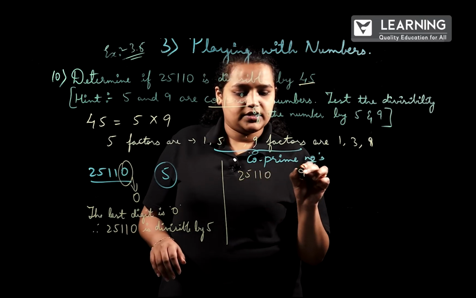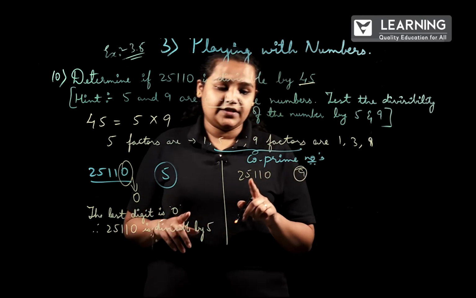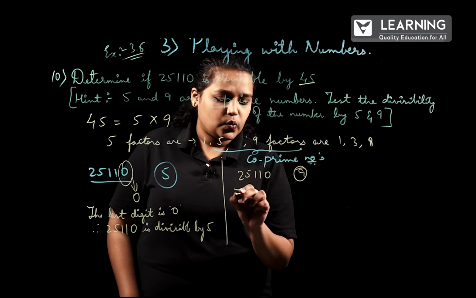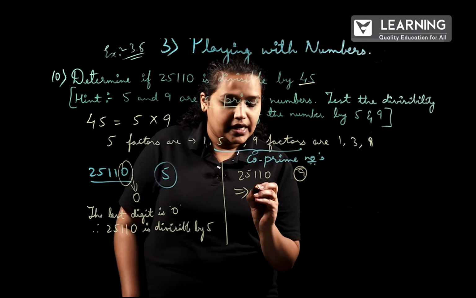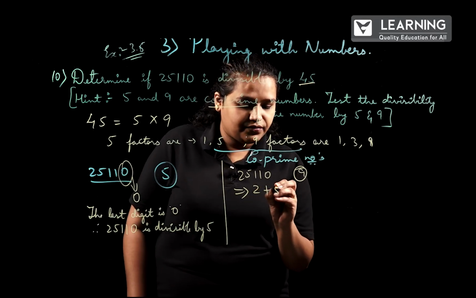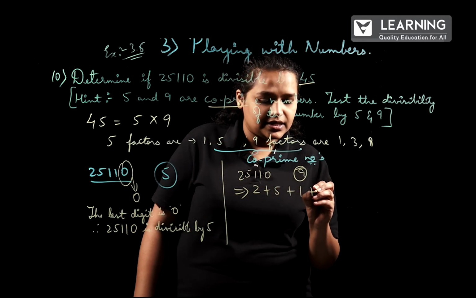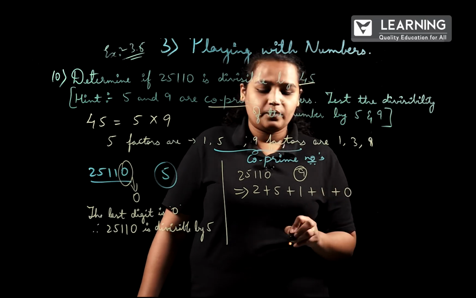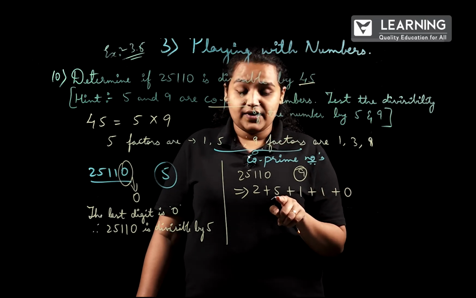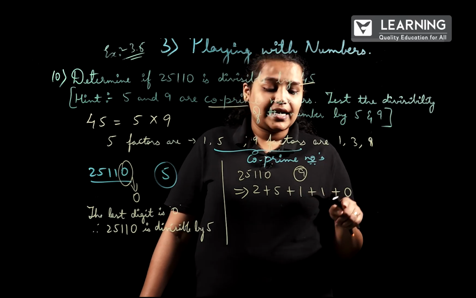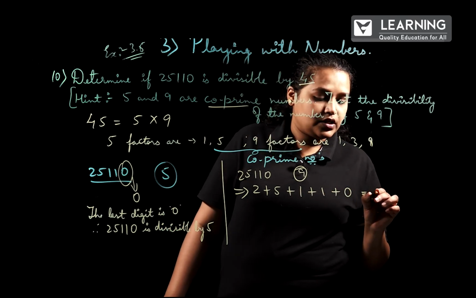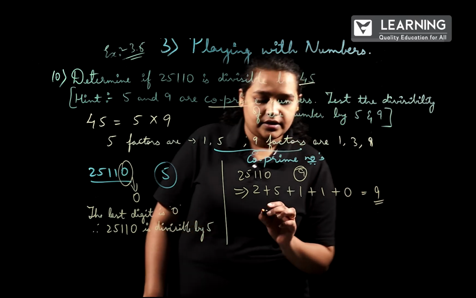Likewise, now we'll see for 9. 25110. This is for the 9 divisibility rule. So here we have to take the sum of all the digits they have given. That will be 2 plus 5 plus 1 plus 1 plus 0. 2 plus 5, 7, 7 plus 1, 8, 8 plus 1, 9, 9 plus 0, 9. So it is 9.